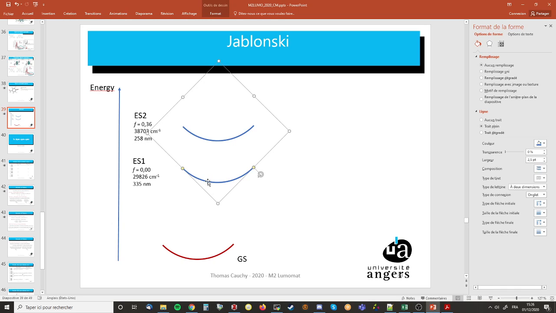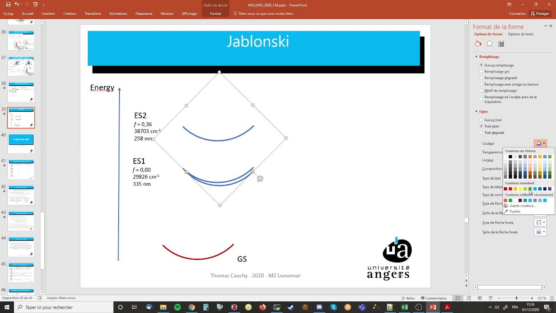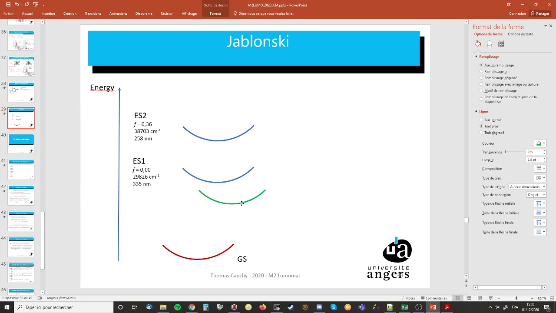Let's change color to green. Let's do the triplets in green. 33, 35, 37.